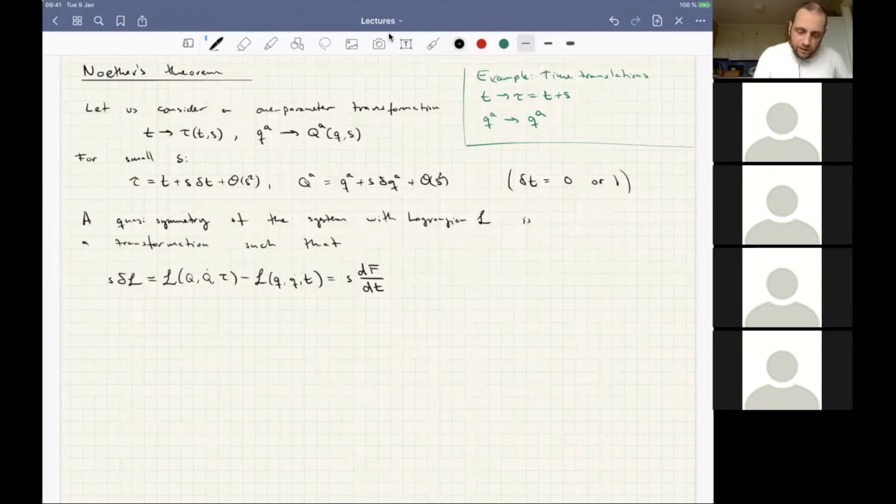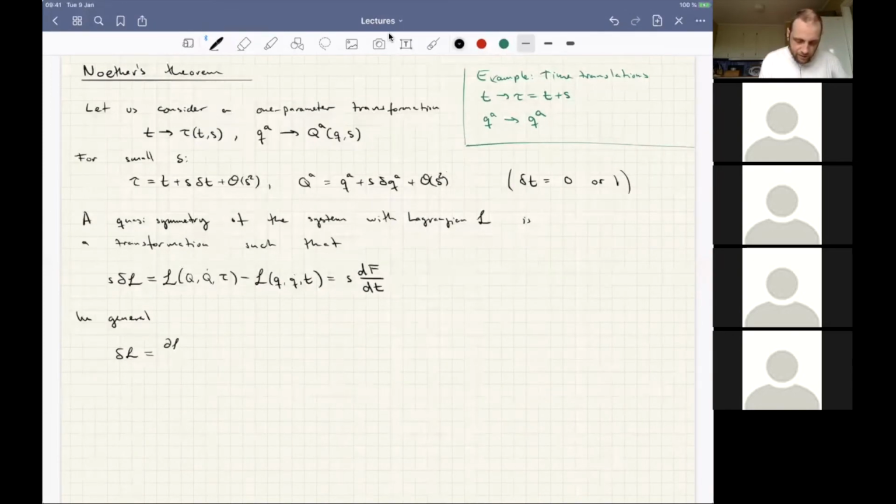So in general, if we look at this delta L here, I can express this delta L regardless of what Q is. I can express delta L as follows.